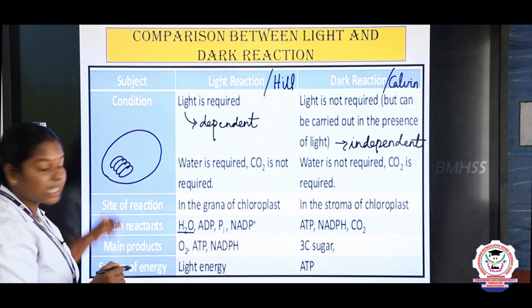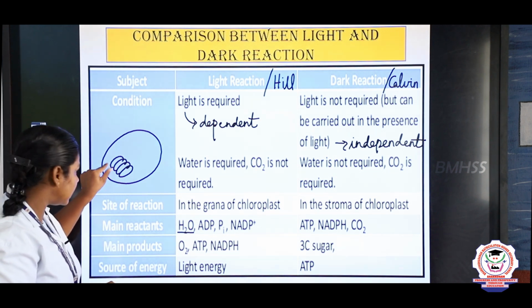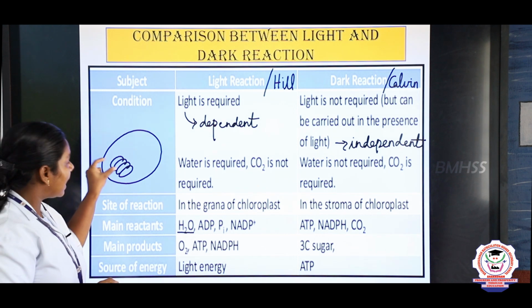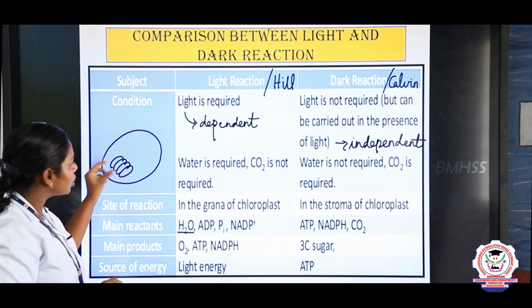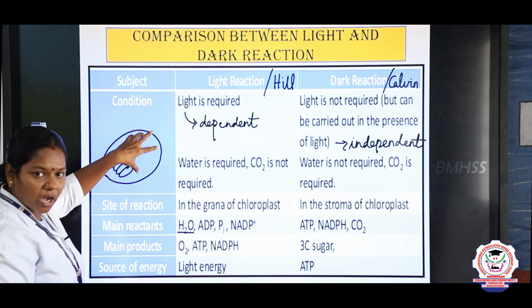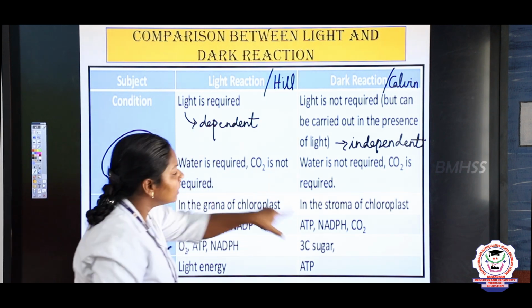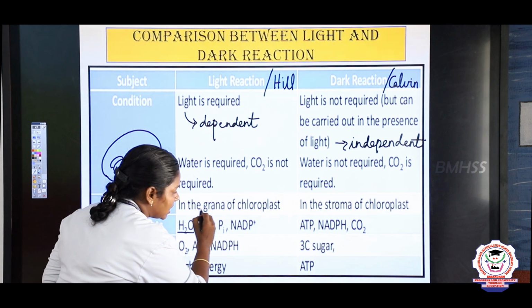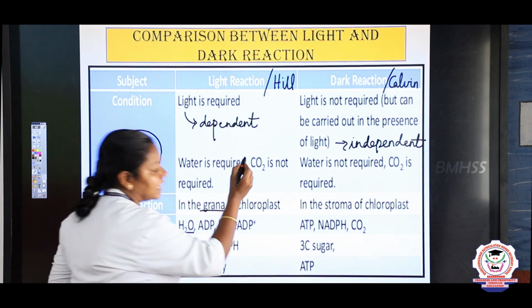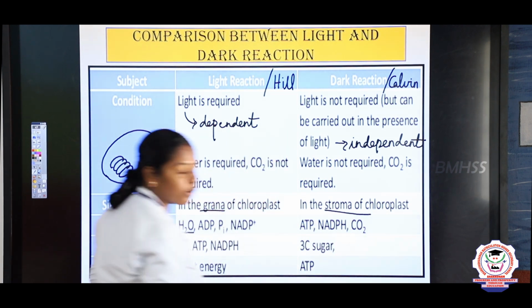So the light reaction takes place in the grana, that is in the thylakoid membrane. And after this reaction the energy produced comes out into the stroma, that is outside the thylakoid, we call it the stroma. So the light reaction takes place in the grana of the chloroplast and the dark reaction takes place in the stroma of the chloroplast.